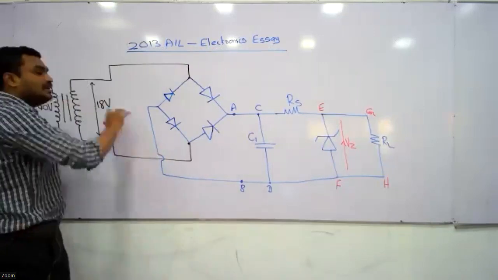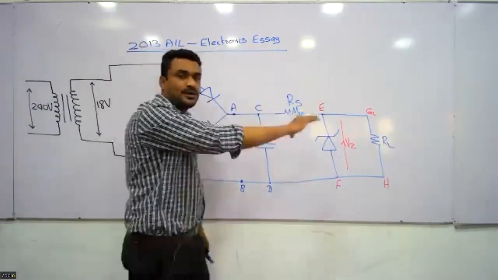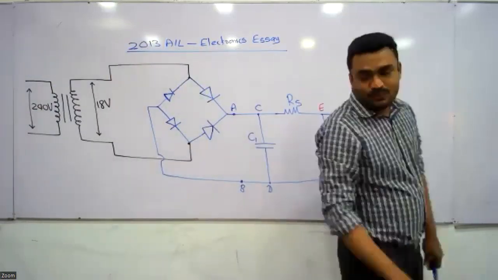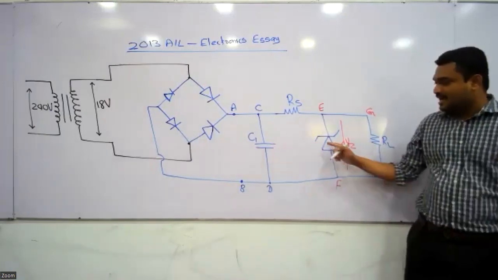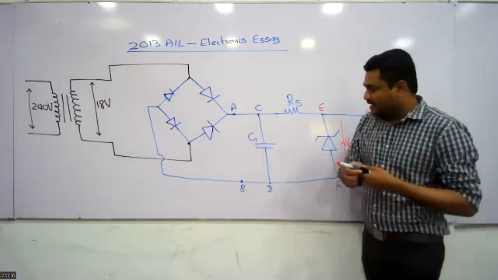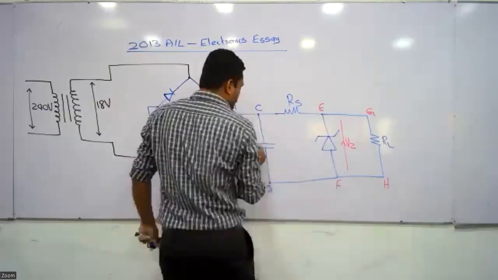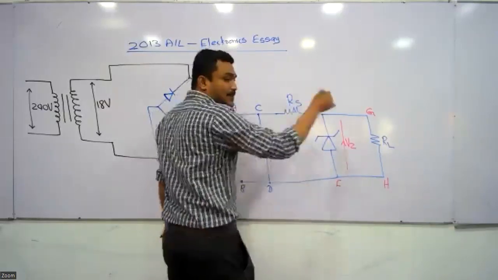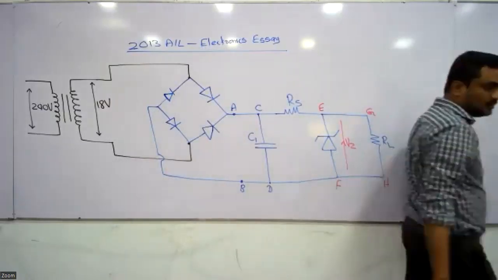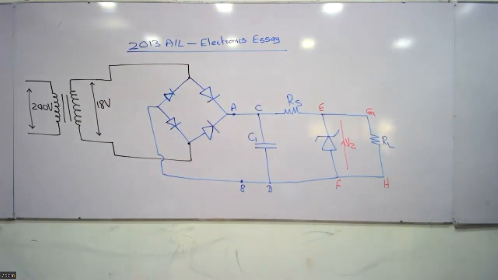So this is a complete full wave rectifier circuit with the smoothing capacitor and the Zener diode. If you read the rest of the question, they have asked you to include the capacitor and the Zener diode also. Check whether you have drawn the circuit properly and completely.